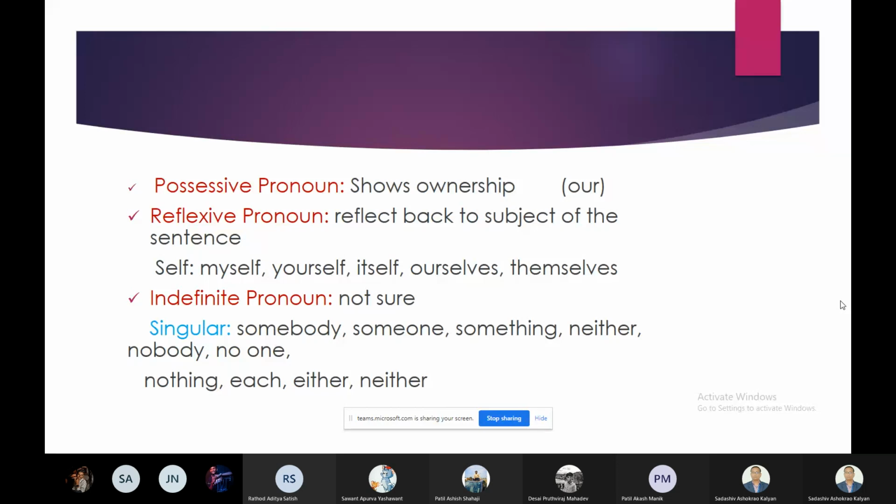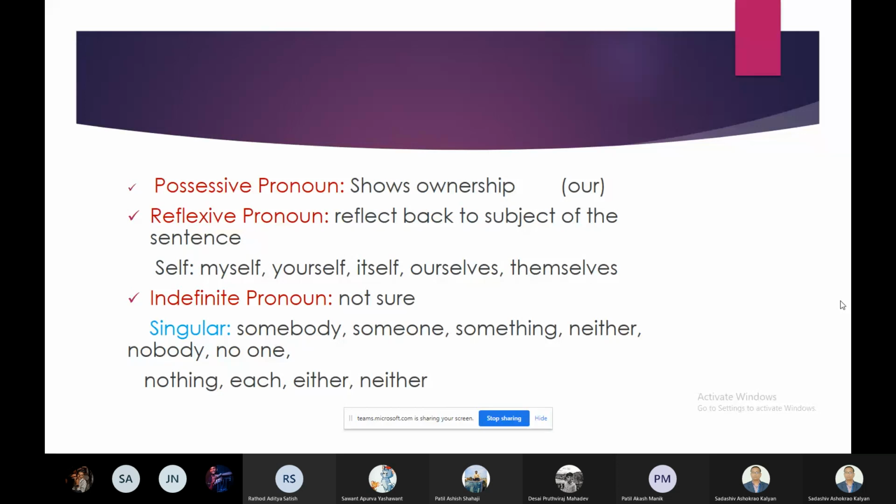Okay, then we have the last type of pronoun, the indefinite pronoun, which is not definite, which is not sure. We use various indefinite pronouns in our day-to-day communication, words like something, nobody, no one, somebody, nothing, each, either, neither.